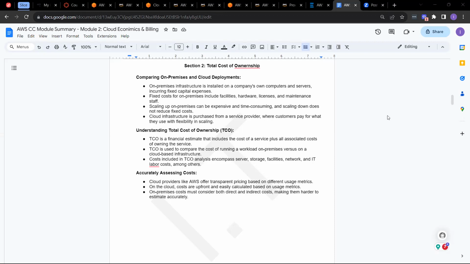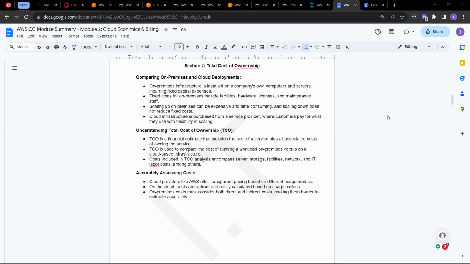So I think I've explained the total cost of ownership, right? Or should I go over it again? The thing I didn't add was what it encompasses: the server, the storage, the facilities, the network, and the IT labor costs, among others.